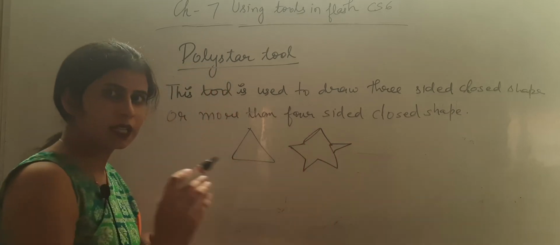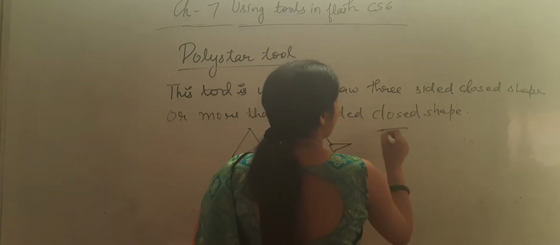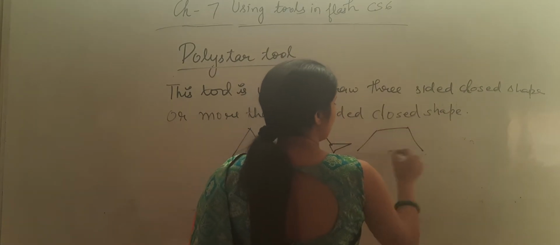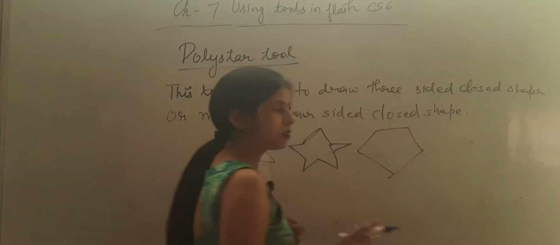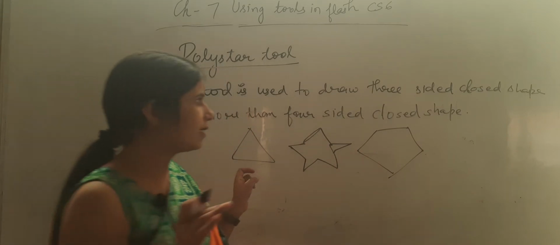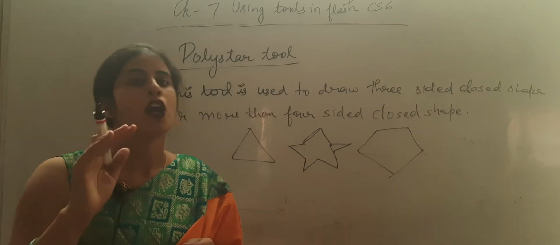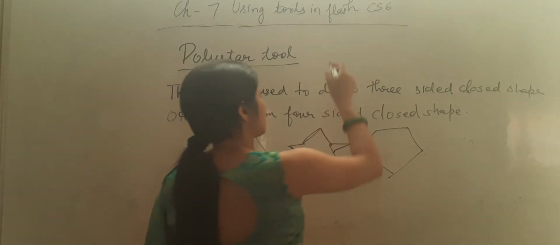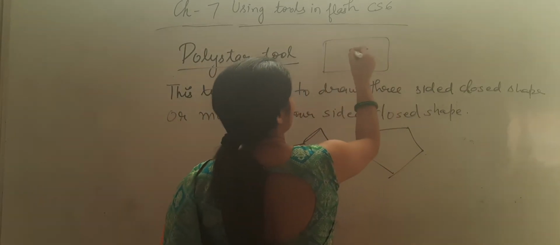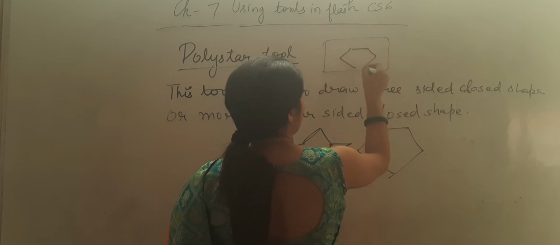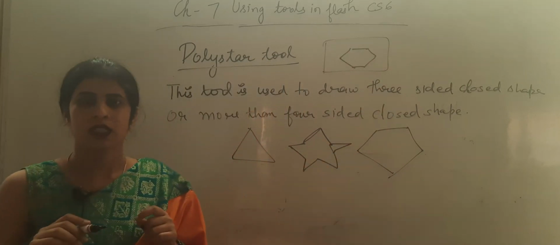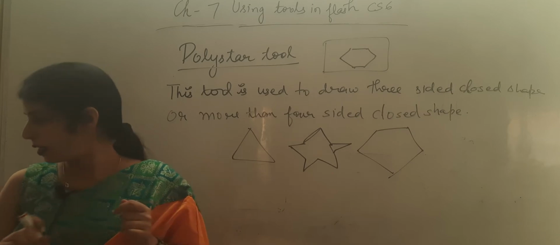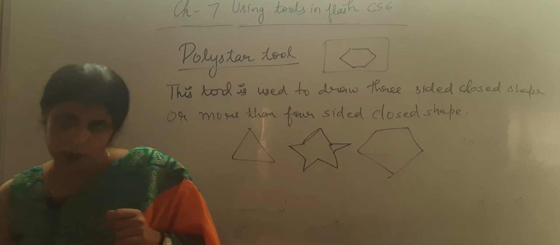Next, pentagon, 1, 2, and so on. We can draw these kinds of shapes with the help of polystar tool. The symbol of polystar tool is like this, means in this way we locate it. The symbol of polystar tool is this.